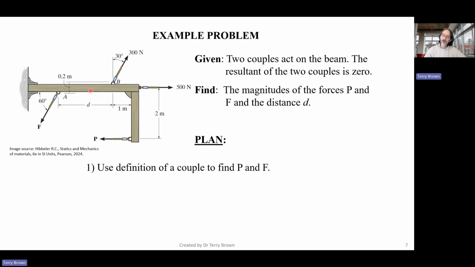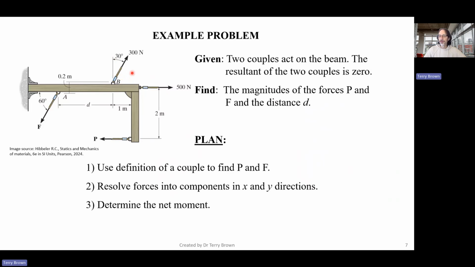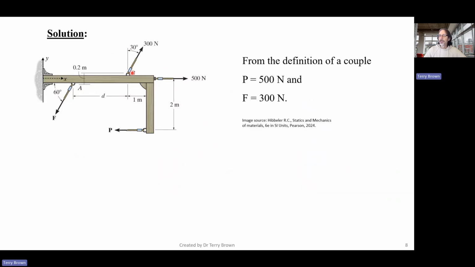And over here we've got two forces, same direction, equal and opposite, separated by a perpendicular distance. The way we'll do this is to resolve these angled forces into X and Y components, and find the moment effects of those. And then determine the net moment and equate the net moment to 0 to find D. All right, so let's get into that.